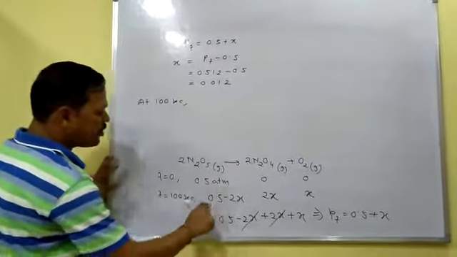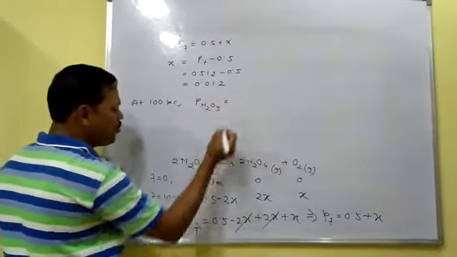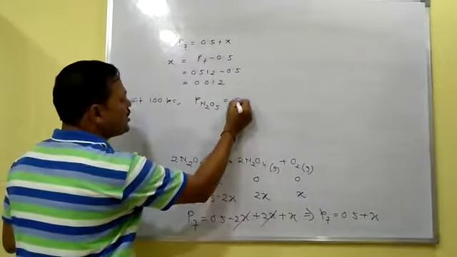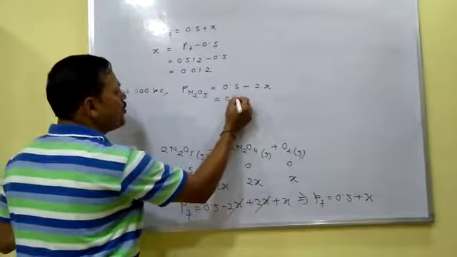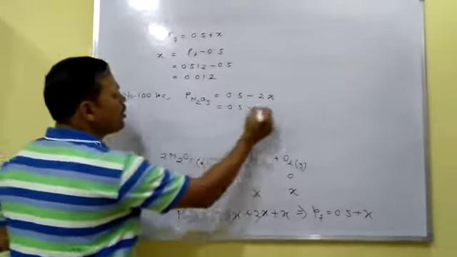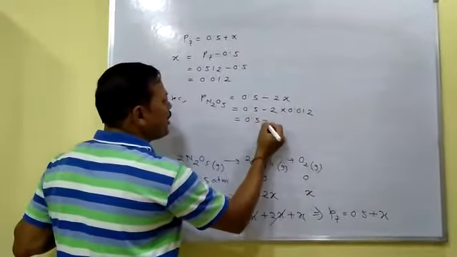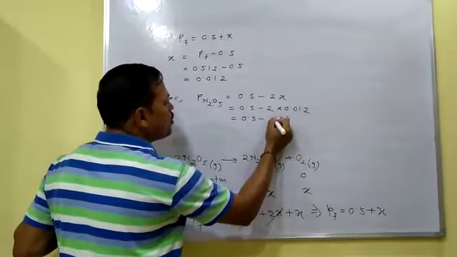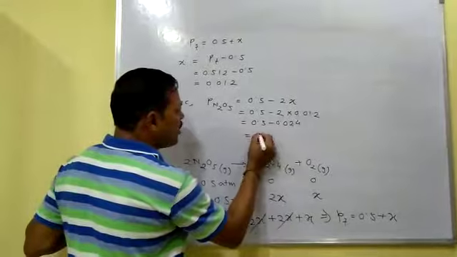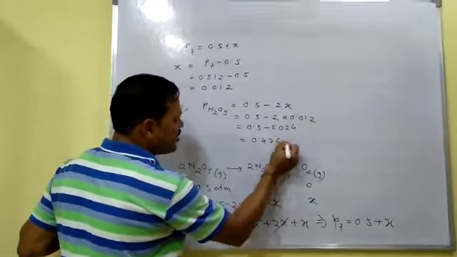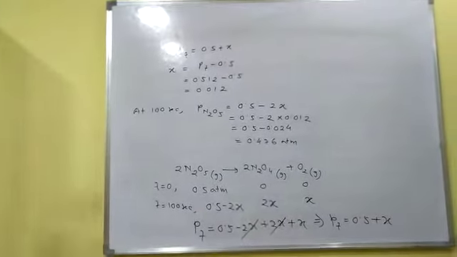In the equation you have written, the pressure of N2O5 is 0.5 minus 2X. That means 0.5 minus 2 into the X value you already got, 0.012. That means 0.5 minus 0.024, which gives 0.476 atmosphere. This is the present pressure of the reactant.